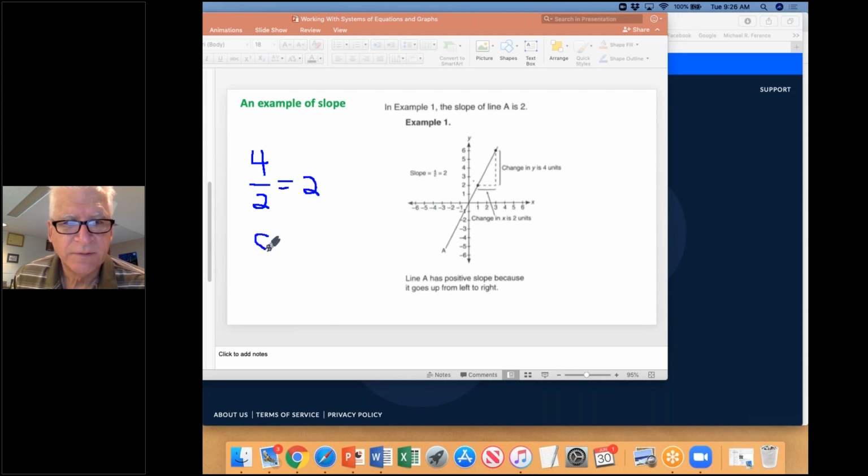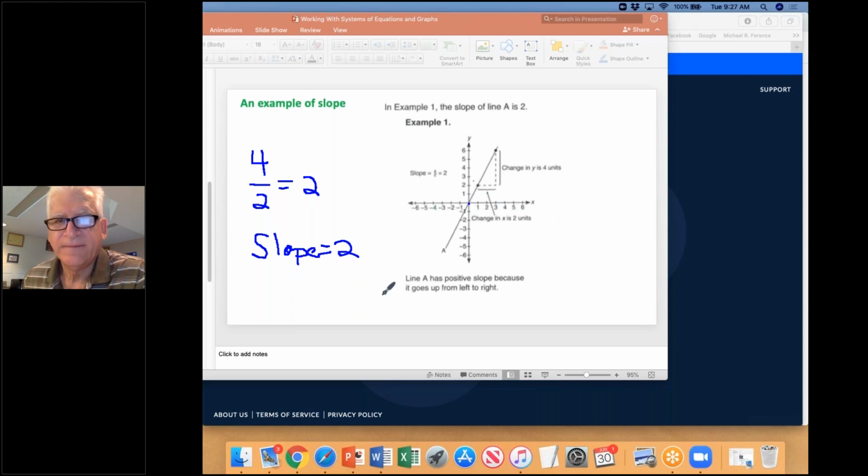The slope equals 2. And the y-intercept for this is 0.